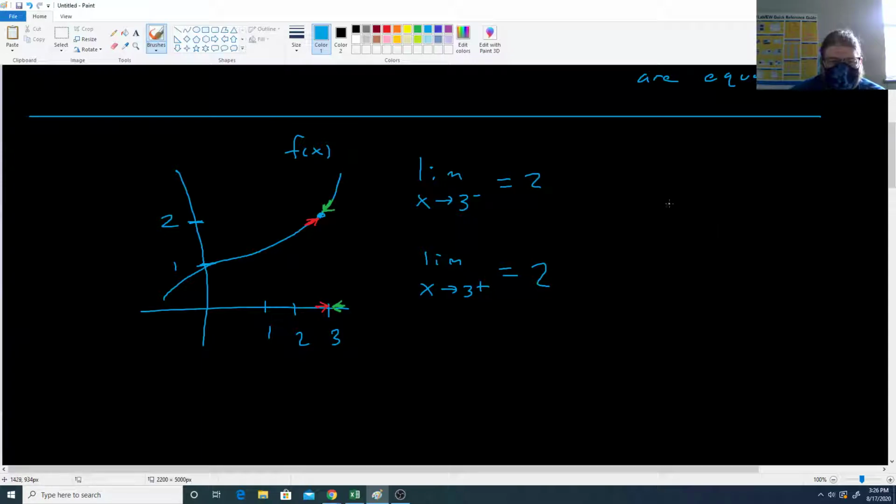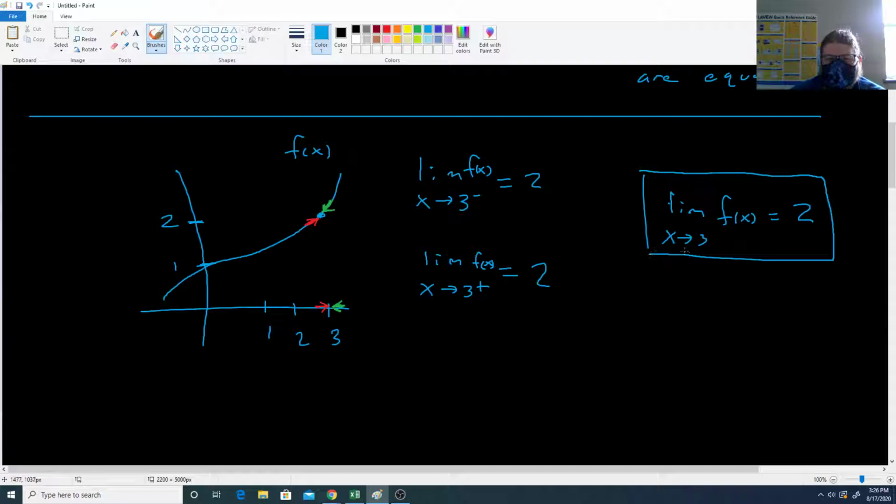I really should be putting f of x in there, so it's clear what function we're talking about. So the limit as x approaches 3 of f of x equals 2, because the left-hand limit is 2, the right-hand limit is 2, so they both exist and they're equal.